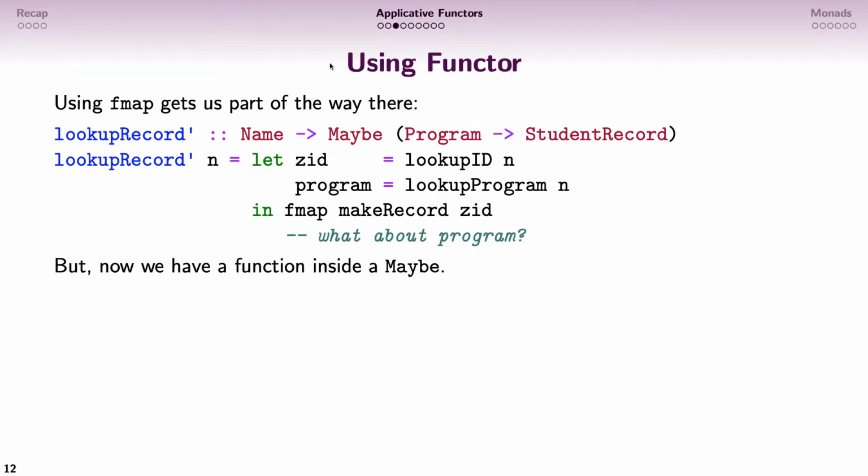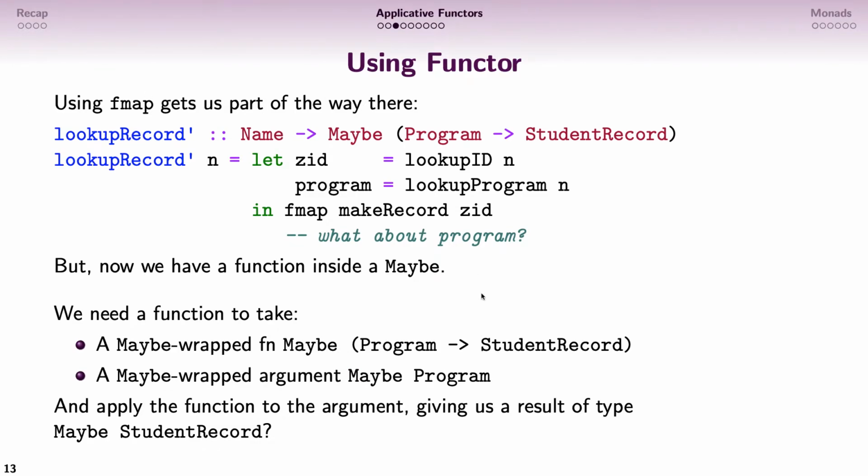So that's what lookup record prime does. Just given the name, it will provide the ZID to fmap make record and then give me a maybe wrapped function. Now that's a bit of a weird thing. Why would we want a function inside a maybe? Well, what we have now is a maybe wrapped function that accepts a program, and we also have program, which is a maybe wrapped program, right?